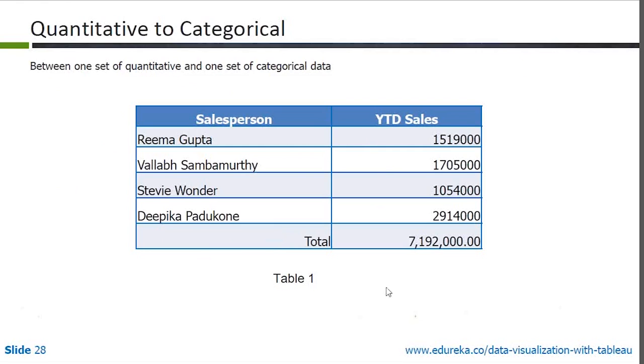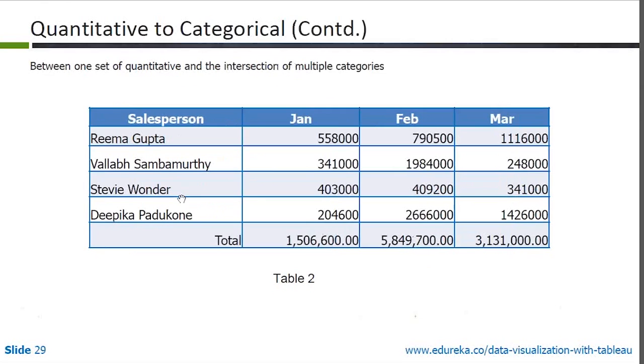We have the salesperson's name and year-to-date sales, how much they sold till today, starting from the 1st of this year, right? So you see a qualitative category compared to a quantitative number. Here you can use a table.